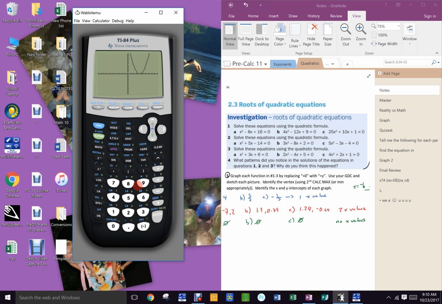Is everybody cool with that? The problem with that is, do numbers go higher than 10? Yes. Do numbers go lower than negative 10? Yes. So our calculator is smart enough, we can change this to any size we need by using that first button that we pushed, which was window.